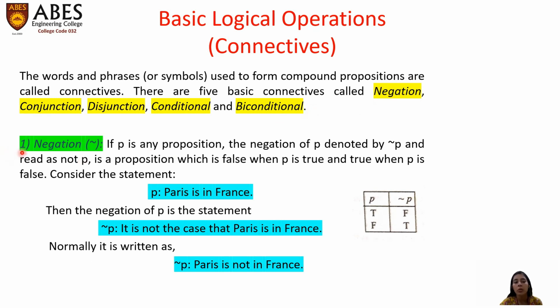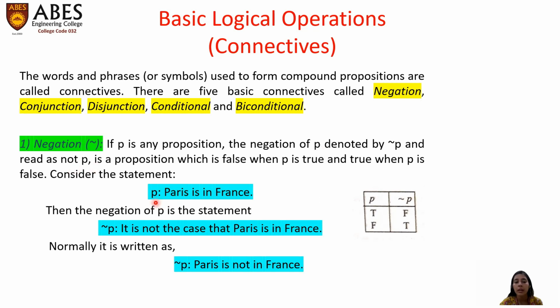Now we are going to discuss the first type of connective, which is negation. The negation connective is denoted with the help of the tilde symbol. If p is the proposition variable denoting one of the propositions and we need to identify the negation of that proposition, then the negation will be denoted by the tilde symbol followed by the name of the proposition variable, and will be read as not p.